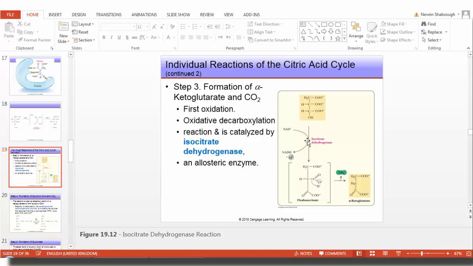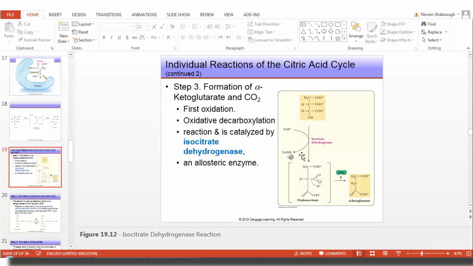Notice that the reaction occurs in 2 steps. This is step 1 and this is step 2. First, isocitrate is oxidized to oxalosuccinate, which remains bound to the enzyme, and then oxalosuccinate is decarboxylated and the carbon dioxide and alpha-ketoglutarate are released.